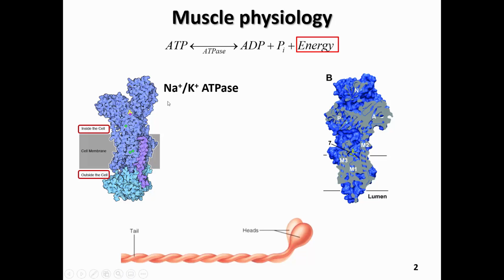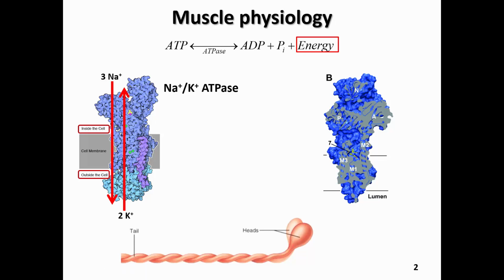The first that was discussed in an earlier unit is the sodium potassium ATPase. And here you see a reconstruction graphic of the sodium potassium ATPase embedded in the membrane of the muscle cell. And the function of this ATPase is to bind three sodium ions inside the cell and to move those three sodium ions to the outside of the cell where the majority of sodium ions exist in a resting state.